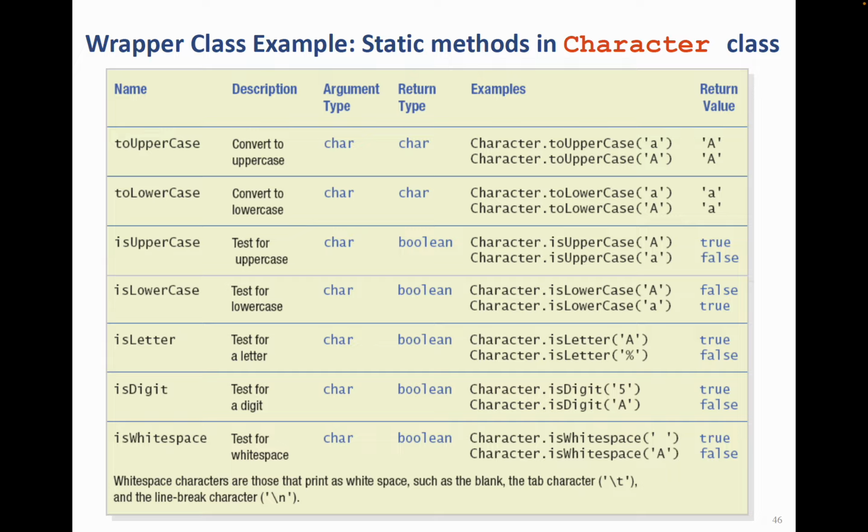I can just run Character.toUpperCase and it will be done. Or again, I don't need to convert a string to an integer. I need to call parseInt. I don't need to create an instance of an integer. I just run that function. That would be enough for me.